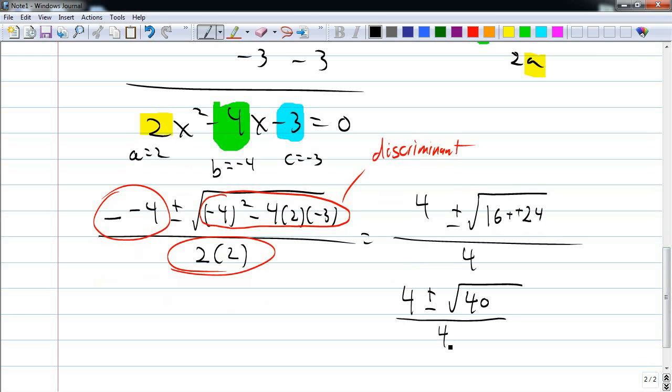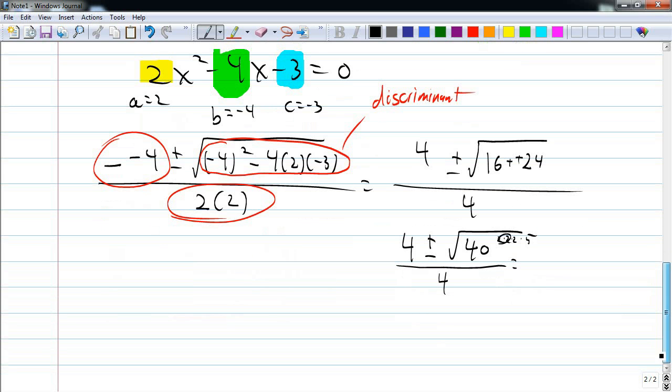Now I really do need to simplify this radical. 40 is 2 times 2 times 2 times 5. Now I have a pair of 2's that I can take out of the radical. The 2 times the 5 I have to leave in, so this is going to be 4 plus or minus 2 radical 10 over 4.